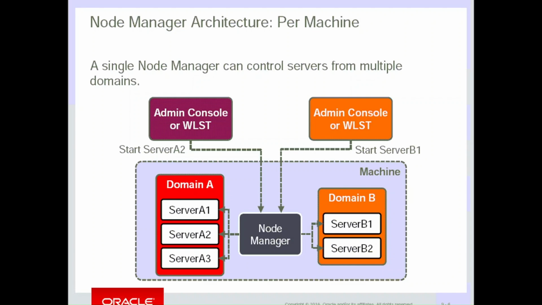So we can manage multiple domains from a single Node Manager. Let's understand this example. We have one machine where we have created two domains, domain A and domain B. Domain A has its own managed server, domain B has its own managed server, and these managed servers are controlled by a single Node Manager.